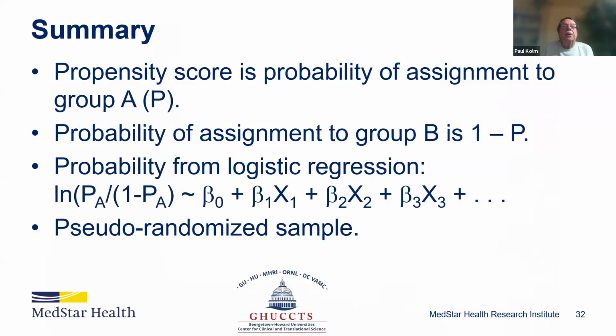There are several things here that I want to go over. The propensity score is a probability of assignment to group A or B, and we get this probability from a logistic regression equation, and we come up with what we call a pseudo-randomized study.